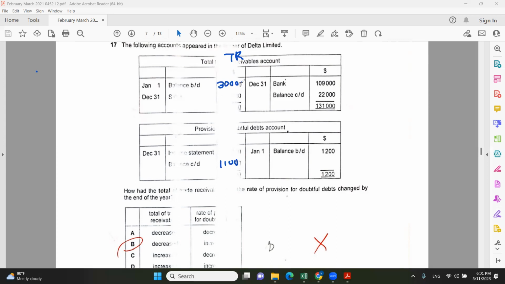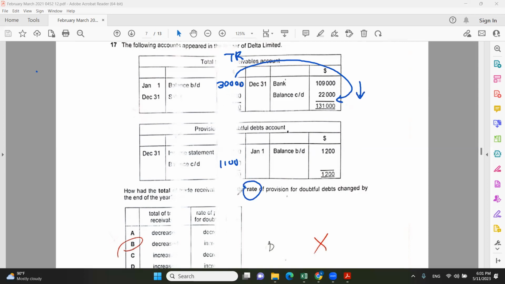So here they say the change of total trade receivable and the rate. We have the information of the total trade receivable, which is this and this. This shows 30,000 to 22,000. That means this is a decrease.